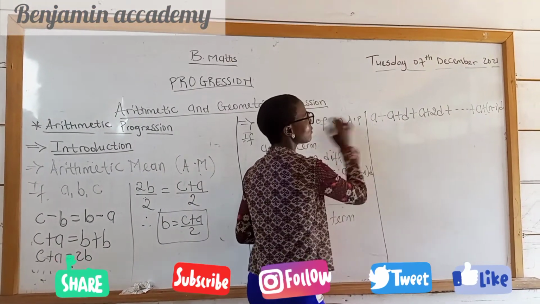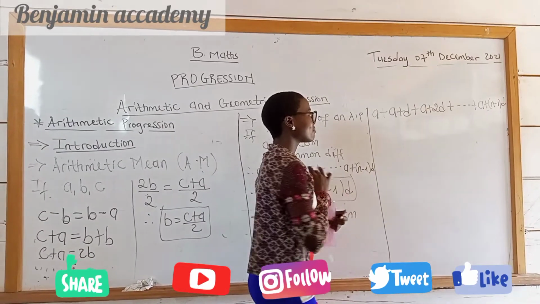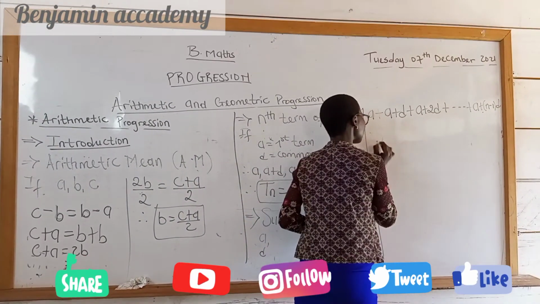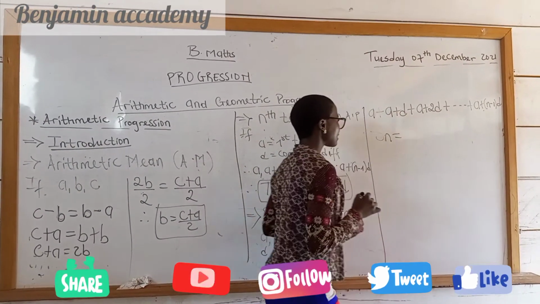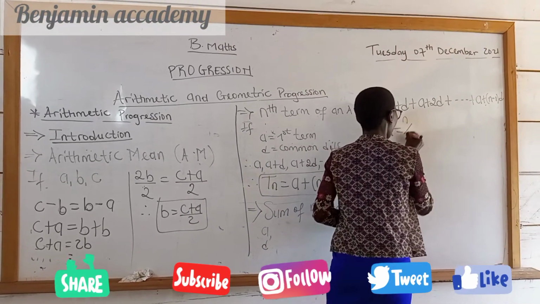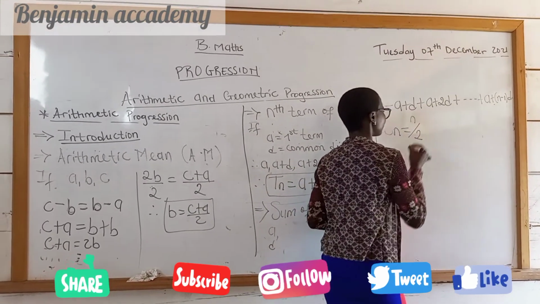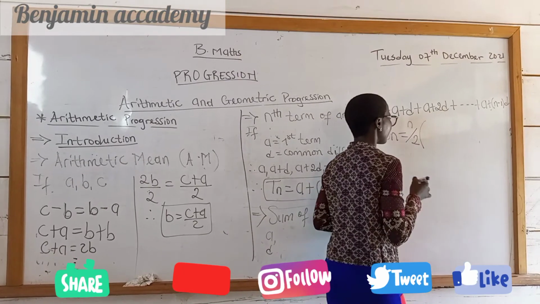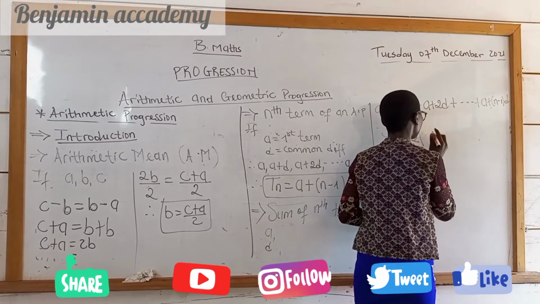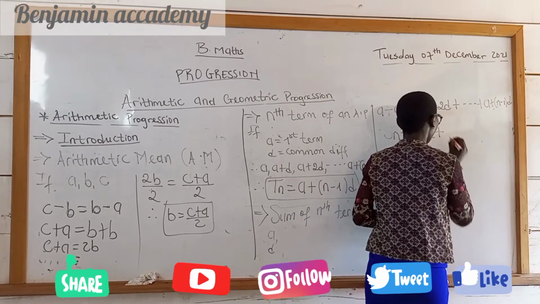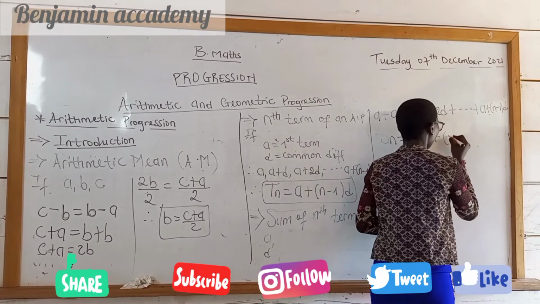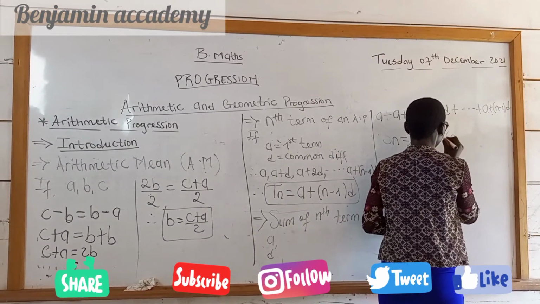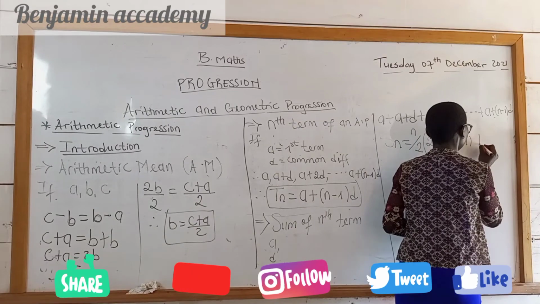We can say, okay, from this we can simplify using a direct formula. That means Sn can be gotten as n all over 2, bracket open 2a plus (n minus 1)d.